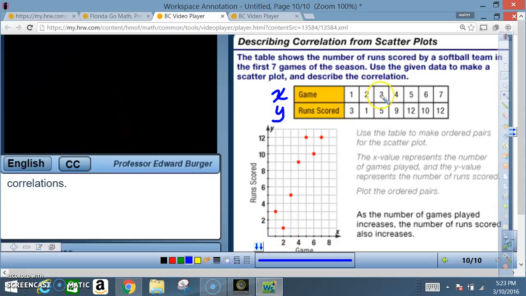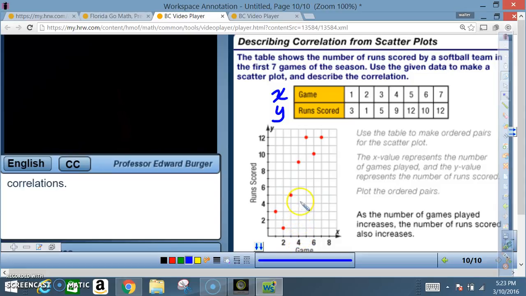Next you have x is 3 and y is 5. So 3, and y is 5: 1, 2, 3, 4, 5. That's 5 right there for y. Next we have x is 4 and y is 9, so we go up 9.